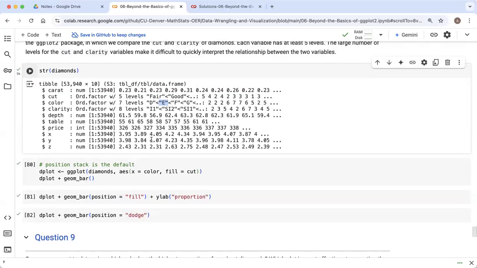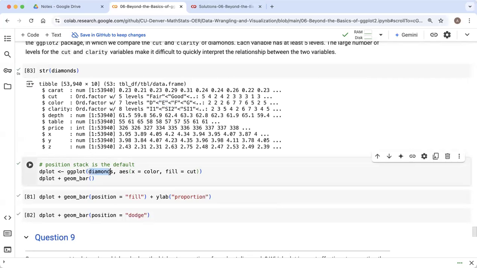So let's say I want to see whether there's some relation between color and cut of a diamond. It stands to reason that if there are rankings of cut and color, it might make sense that the best color of diamond might line up with the best cut of diamond, and so on. So I'm going to create a bar plot to compare the color and cut of diamonds.